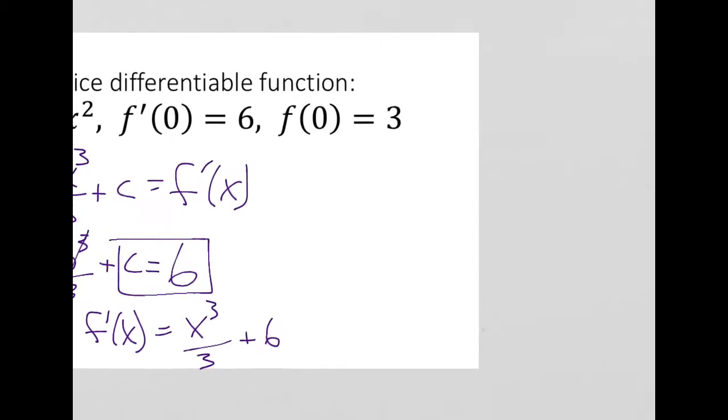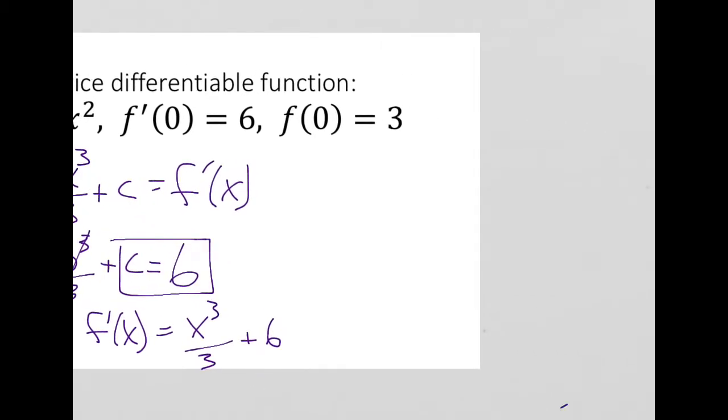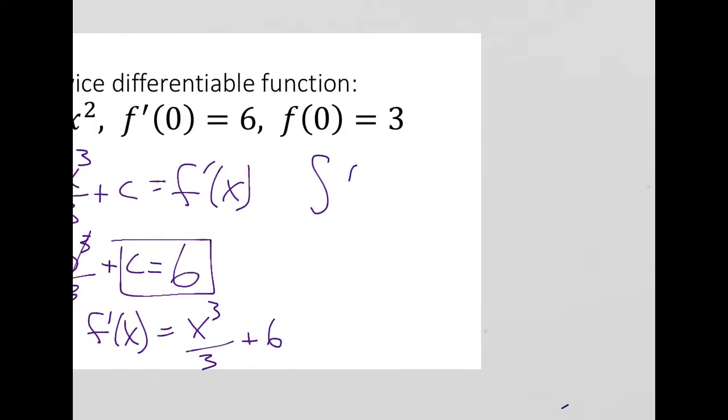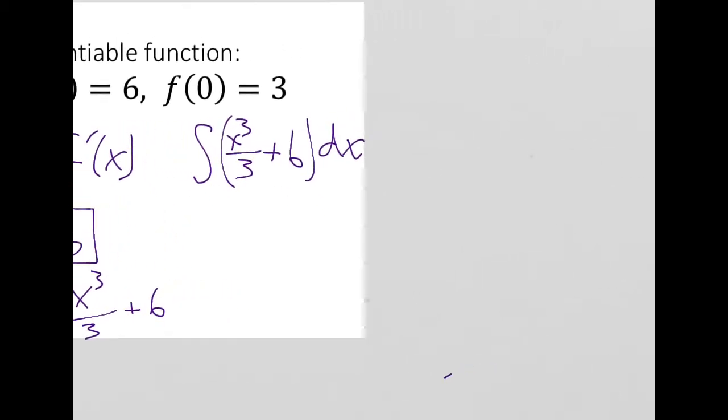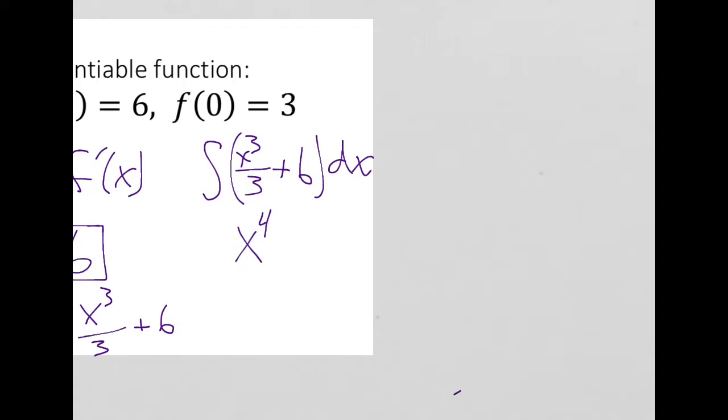And now I want to integrate that function, so I need to integrate x cubed over 3 plus 6 with respect to x. Doing so, x cubed becomes x to the fourth, which I need to divide by 1/3, and then dividing by 4 gives me that 1/12 right there, plus 6x plus c.